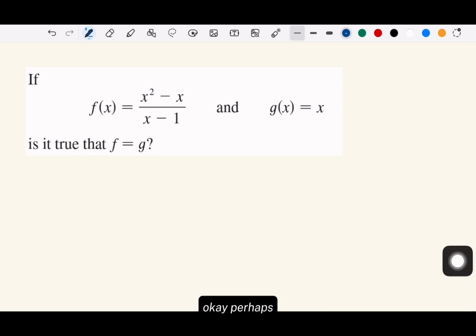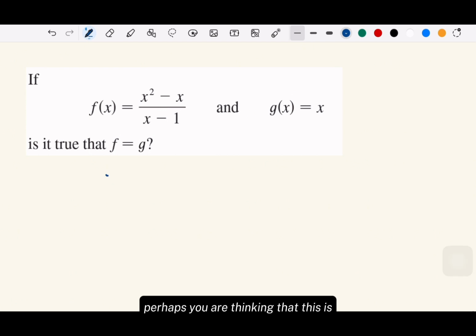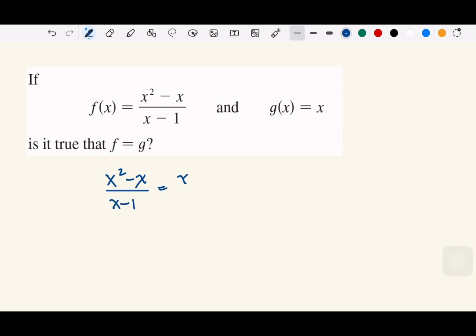Perhaps you are thinking that we can cancel this? Oh, it's equal to x. The same, right?